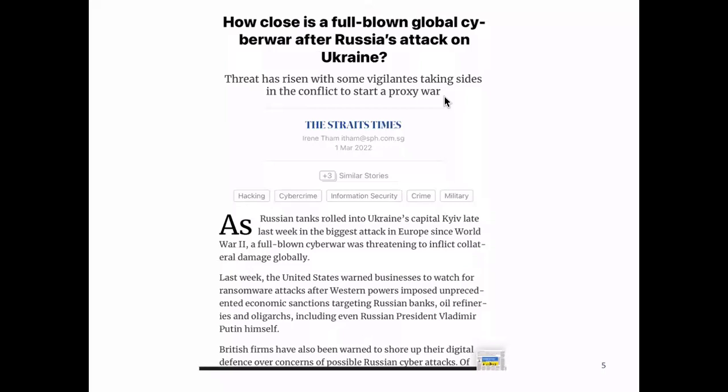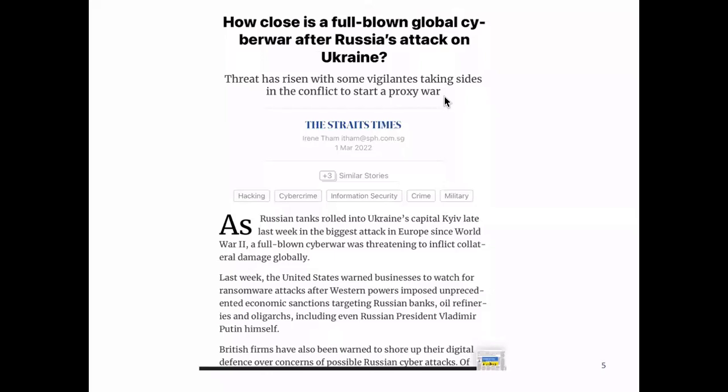This cyber war is of course happening in the background all throughout, but when a traditional war happens, it intensifies. So now there is a lot of cyber war happening between two enemy countries, and not only the two enemy countries, but also the rest of the world, which is on one side or the other.